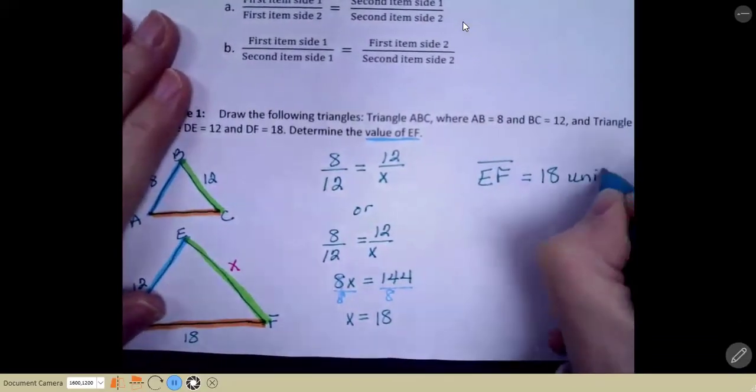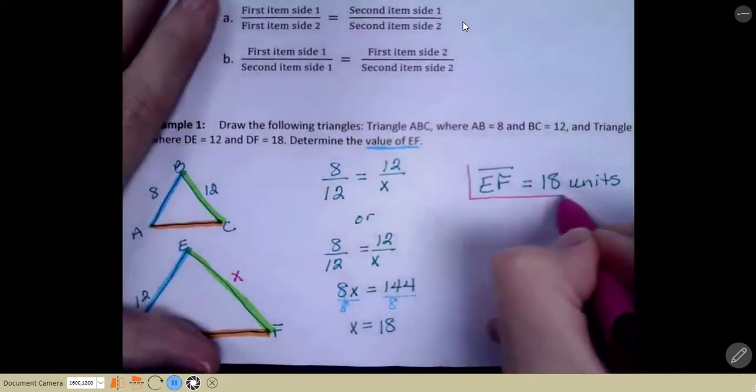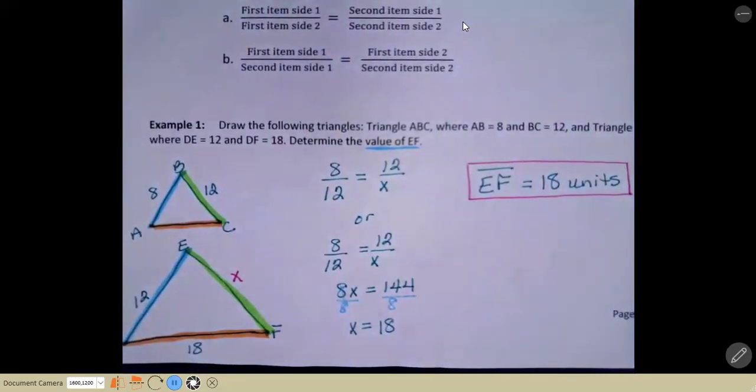Okay, check your answer up here when you're done. Any questions? Anyone still working? If the bottom is 18, the side is 18.